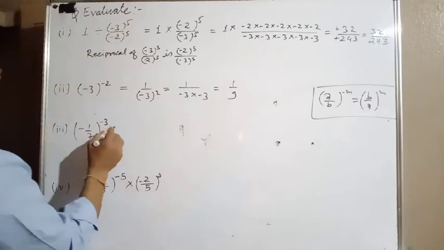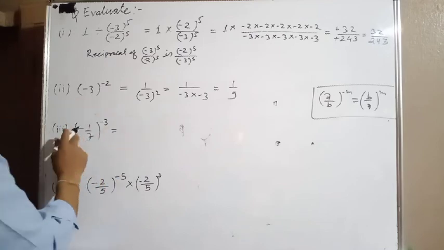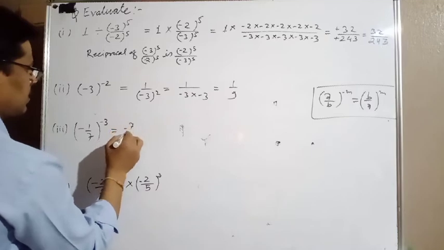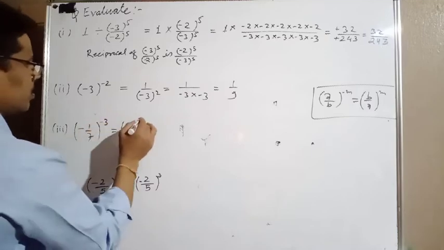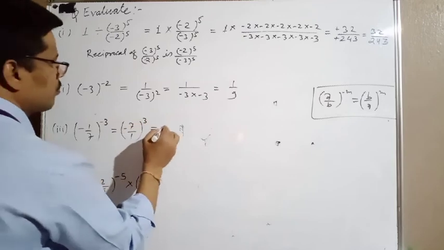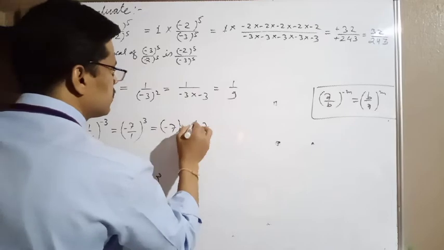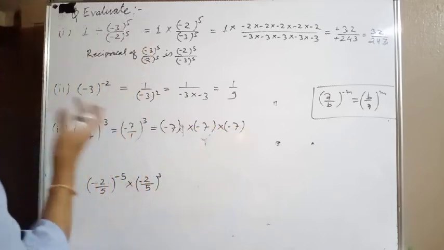Now next. Here, in the same way, the same formula we have to use to change this negative power 2 into positive. So it becomes minus 7 upon 1, but there is no need to write the 1. This power becomes positive. Now minus 7, how many times do you write it? 3 times: minus 7 multiply minus 7 multiply minus 7, upon 1, no need to write.